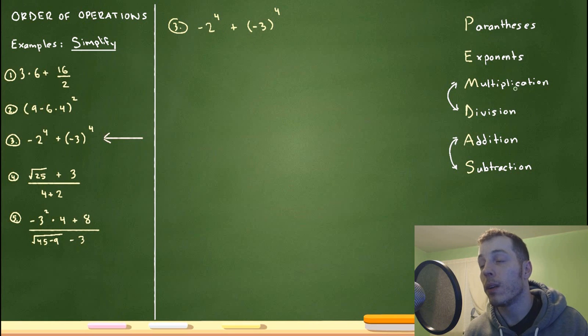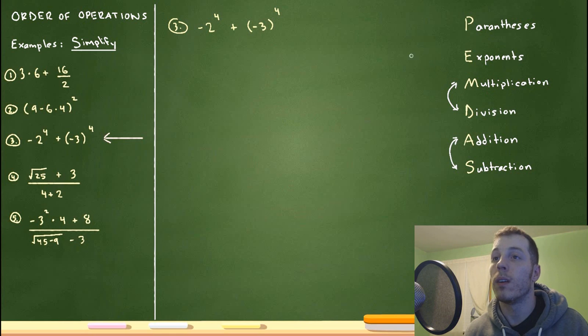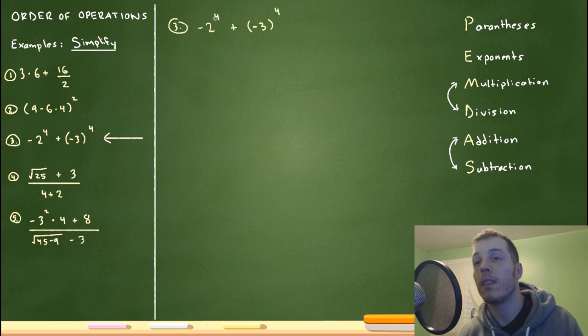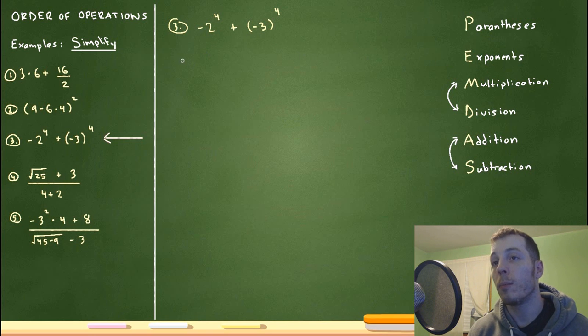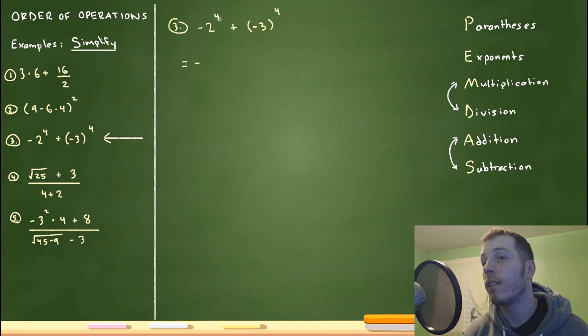And we'll see that the multiplication here, or if you want to think about it as a distribution of this negative, comes after exponentiation. So in this problem, we have a negative sign sitting here, but we need to carry out the exponentiation first. So 2 to the 4th power is 16.